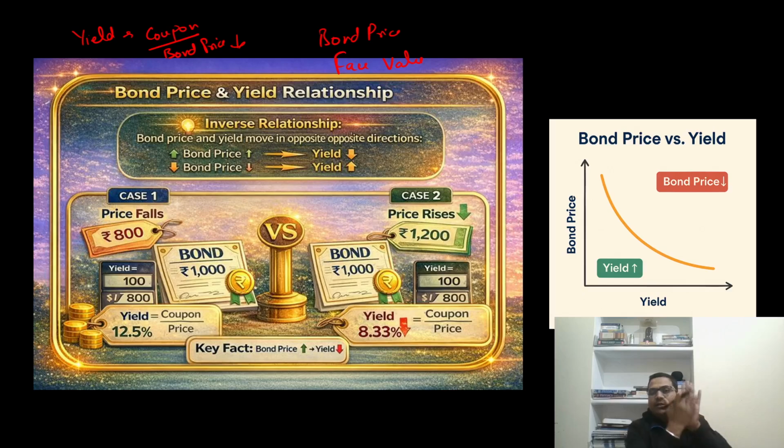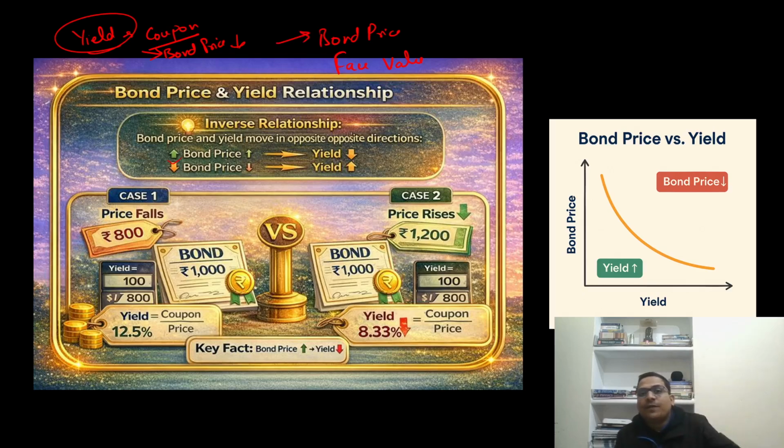But the price at which any customer or investor is buying that bond is called your bond price. So yield is calculated on bond price, not on face value.